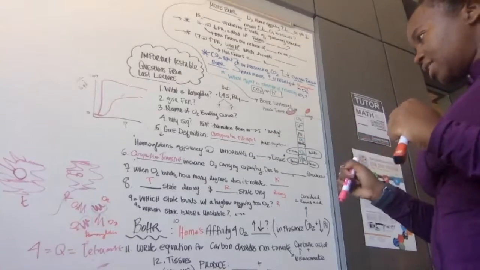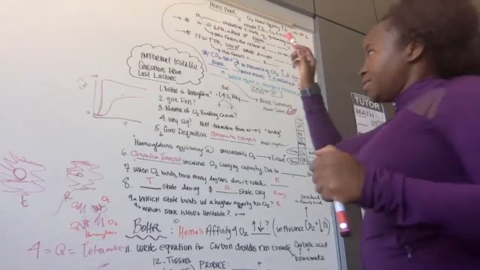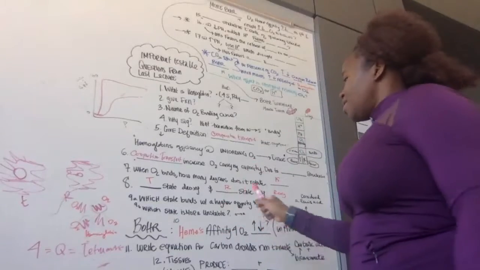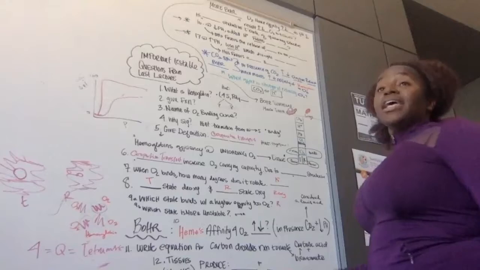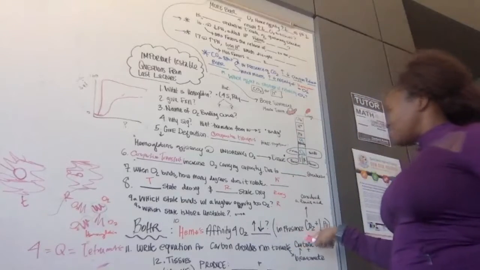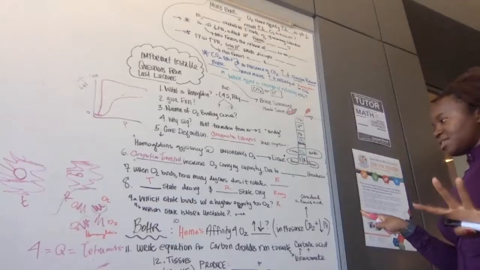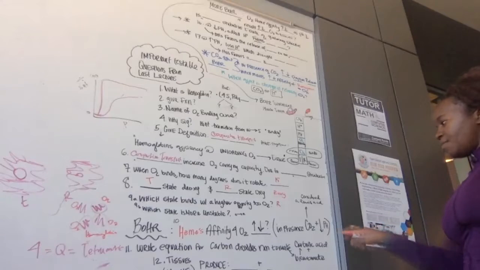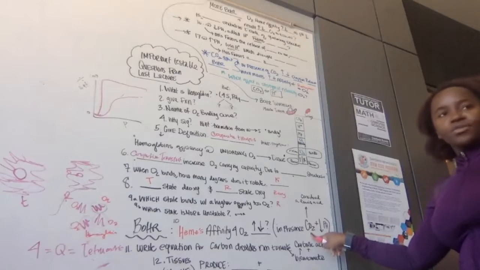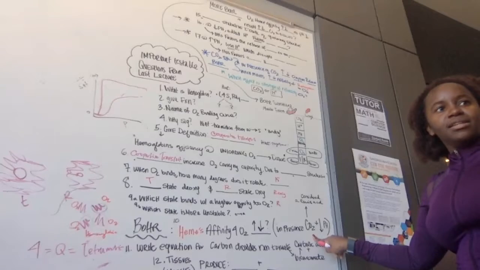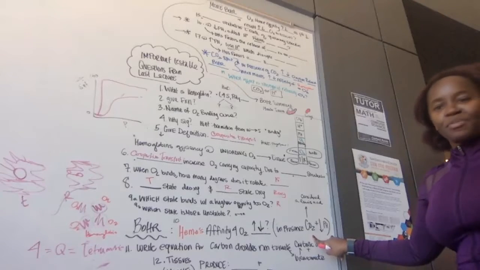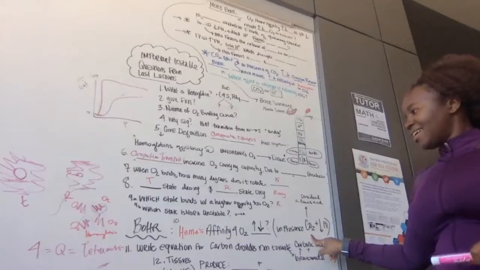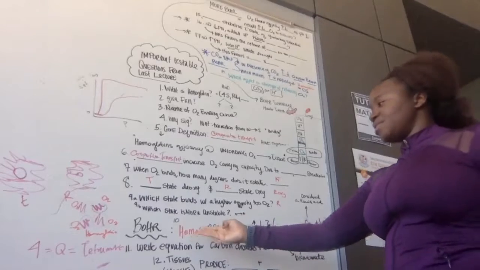Let's knock out the core concepts for Bohr, which I think are super quizzable and testable. Hemoglobin's affinity for oxygen increases or decreases in the presence of CO2 and H. Do you remember in the beginning of the lecture, she said that these two molecules affect something?